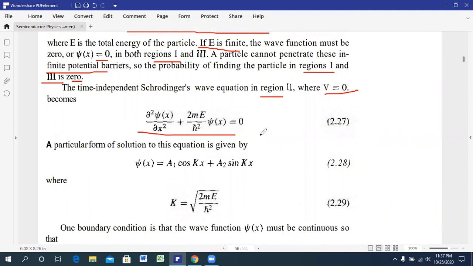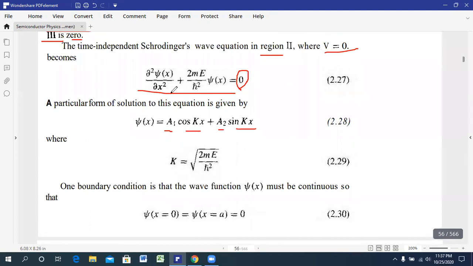If the right side is equal to 0, the solution can be determined in the form of a1 cos kx plus a2 sin kx, where k is equal to root over 2mE divided by h bar square.